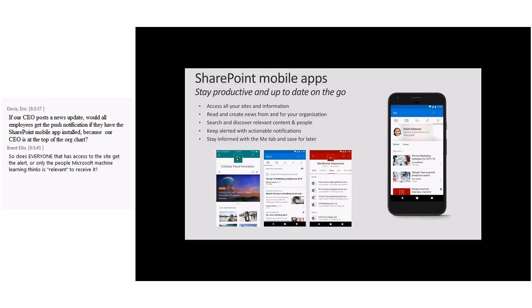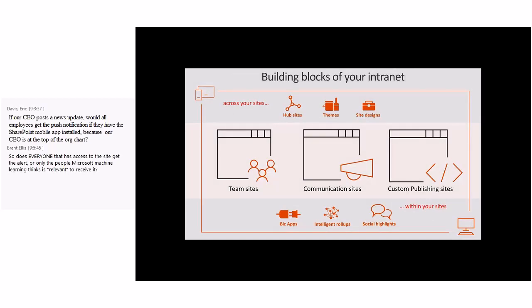So with that as an overview, I have one more slide to set a little context, and then we'll jump out of PowerPoint and go right into the SharePoint mobile app. So if you think about what SharePoint contributes to the overall productivity space, when you are a member of Office 365 or you're leveraging SharePoint on premises or a combination of the two, SharePoint is really a component that will help build your intranet.